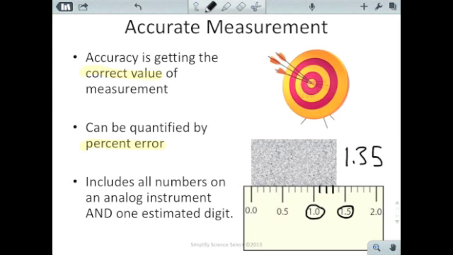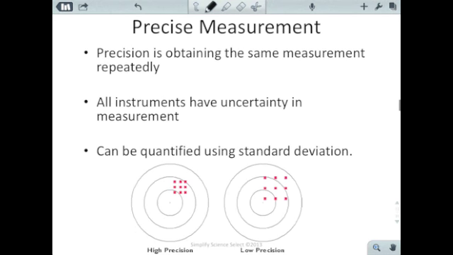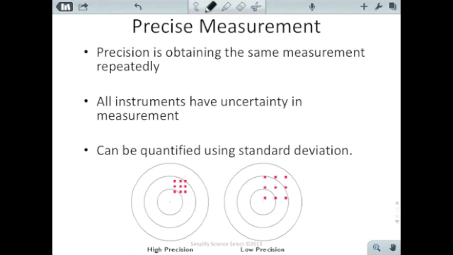Now, the other thing that we use to look at measurements is the precision of the instrument. Precision is obtaining the same measurement repeatedly. Okay, so if we had that 5-gram sample of aluminum and we put it on the balance and it read 4.0, we know that it wouldn't be accurate.